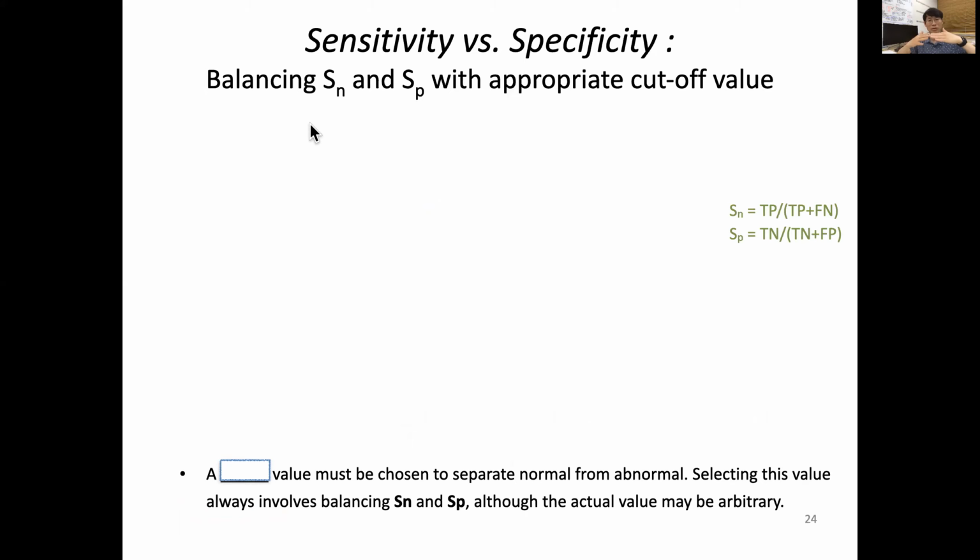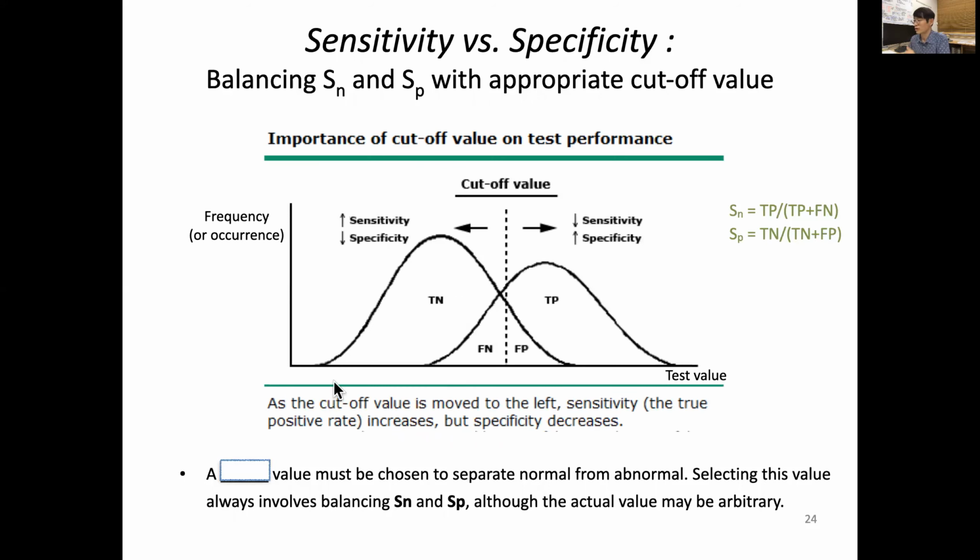So how to set the threshold is important. Let's see a practical case of a disease and your instrument. This x-axis is the test value, a quantitative value your instrument will give out. The y-axis is the frequency, the number of cases.